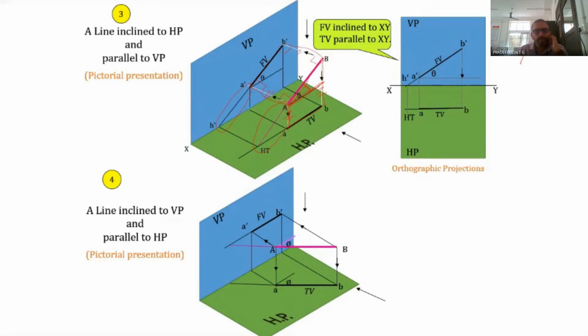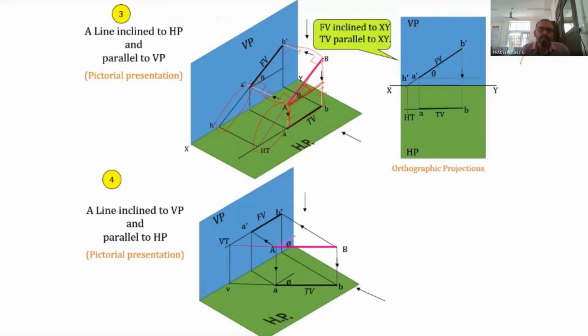But if we extend the line AB towards the left side, then the top view will intersect with the XY line. The point of intersection of the extended top view and the XY line is projected to the front view in order to get the vertical rays.